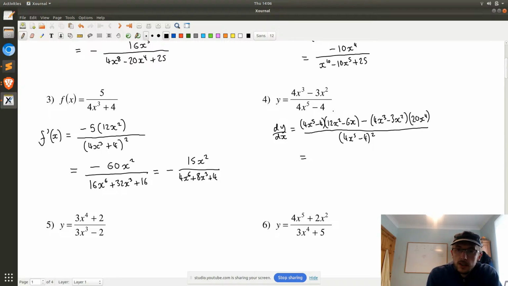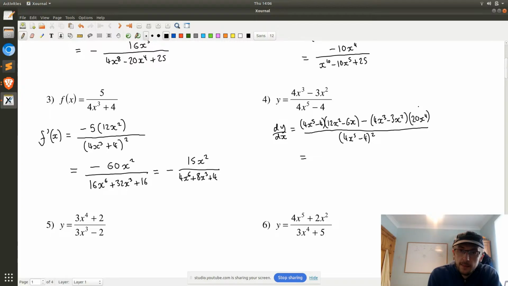So to clean this up, this will have 6 terms. Let's see if I can do it in my head. I know it's going to be very awkward, but I'm going to try anyway. There's my 7th power. And there's my other one.